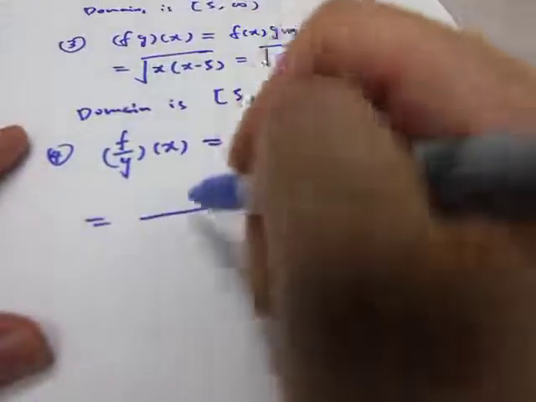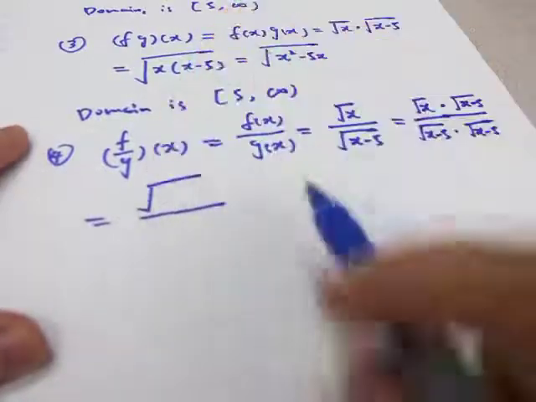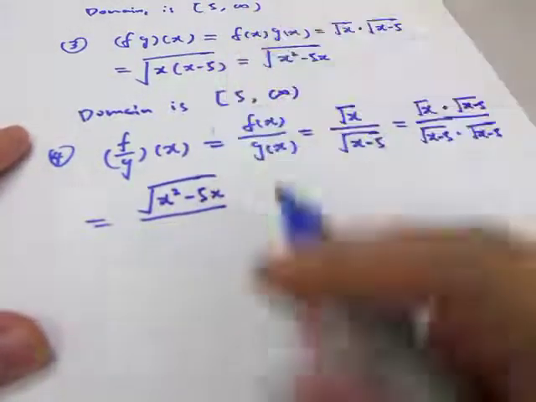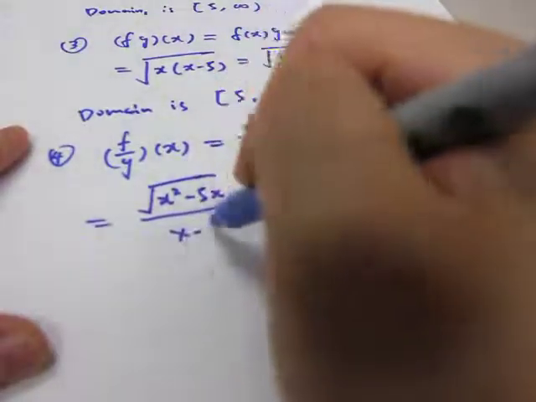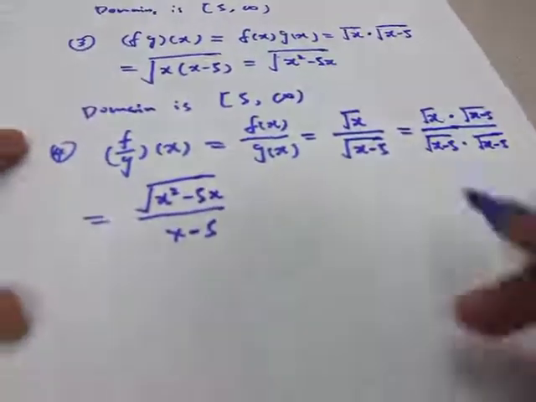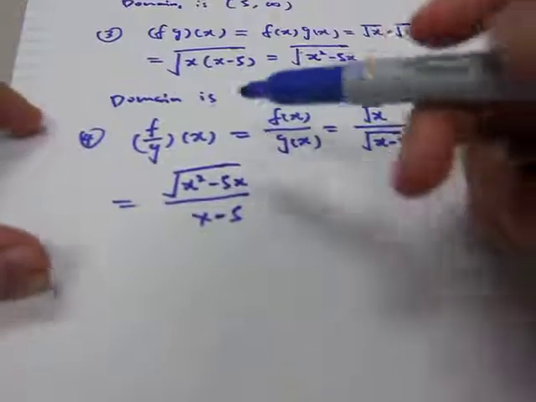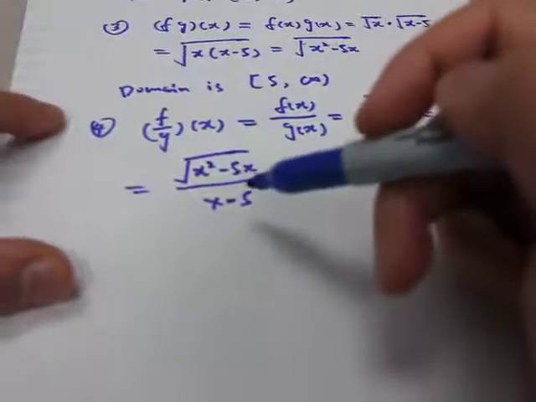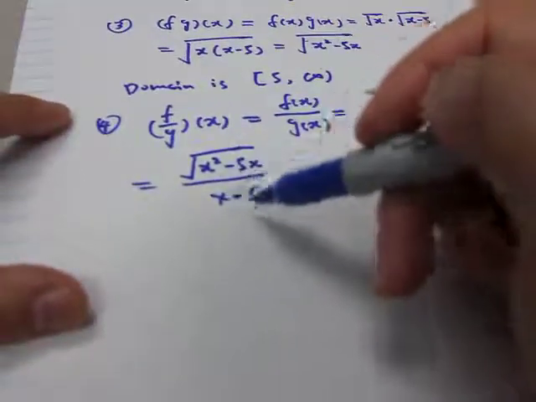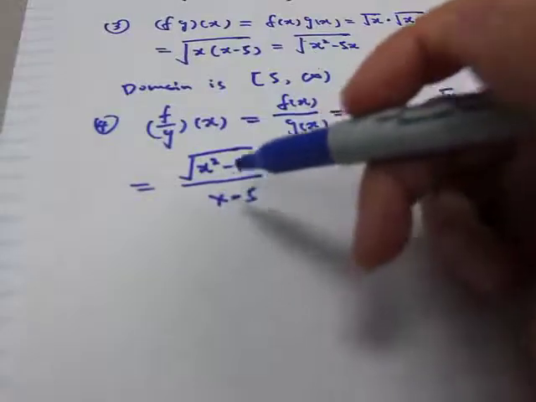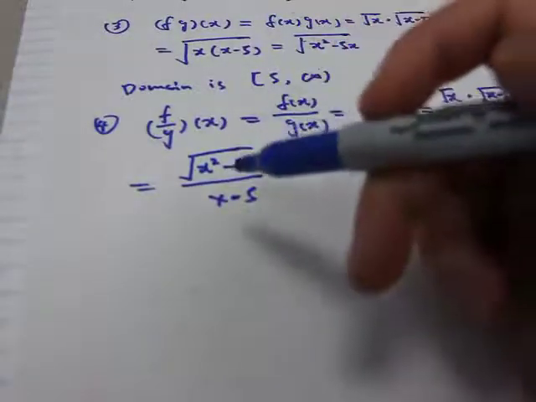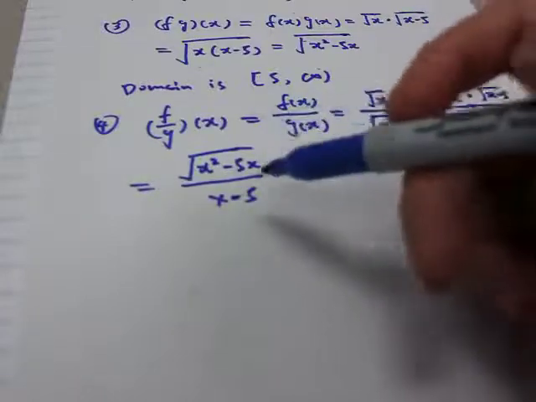You will get the numerator is the square root of x squared minus 5x over x minus 5. Now at this point, when we consider the domain, we need to think about which number will make the denominator be 0, and after that we are going to exclude that number from the domain.